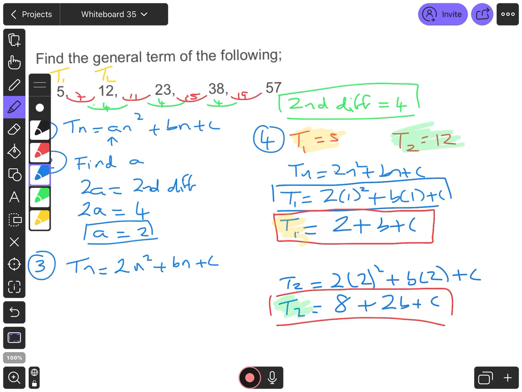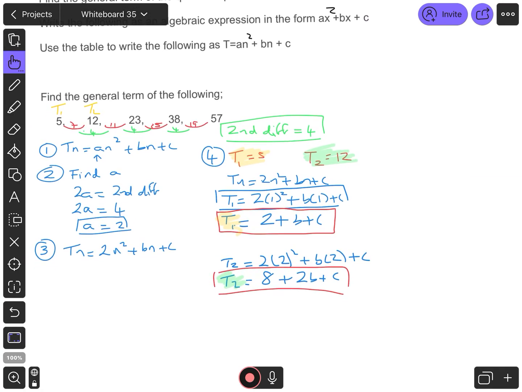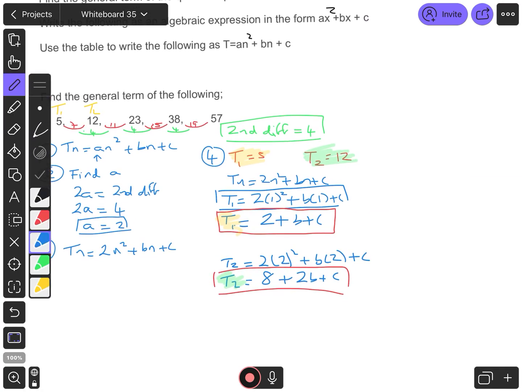So I can say from that, if I zoom out a small bit again, need a little bit more room, it's quite a big question. I can say here that 2 plus b plus c actually equals 5, and 8 plus 2b plus c actually equals 12.